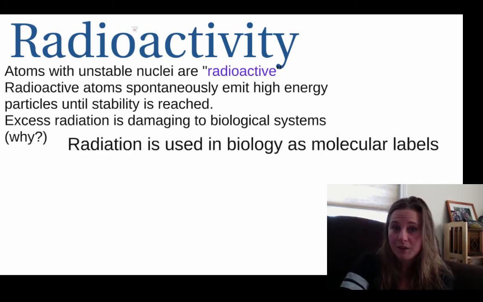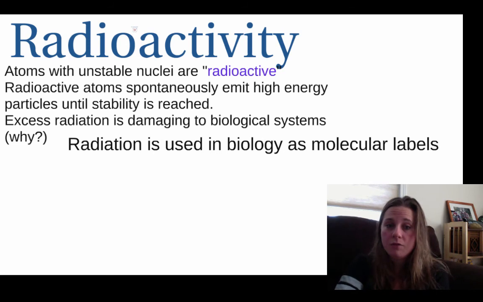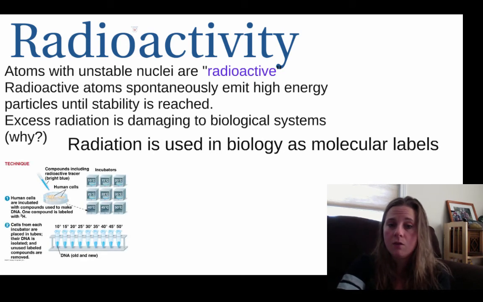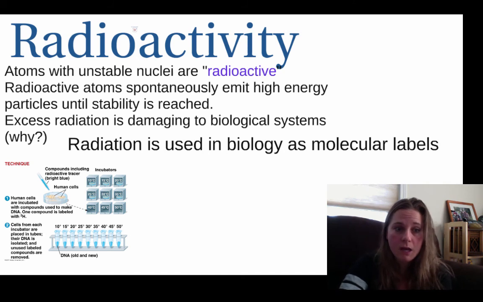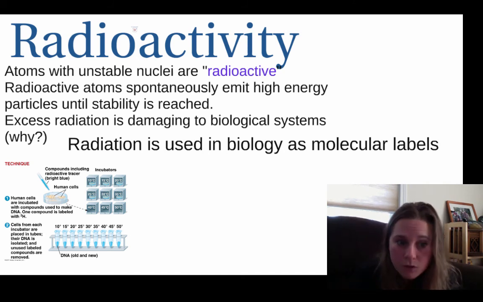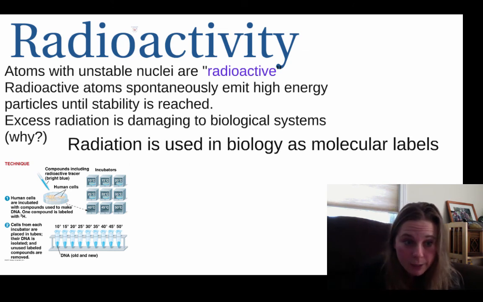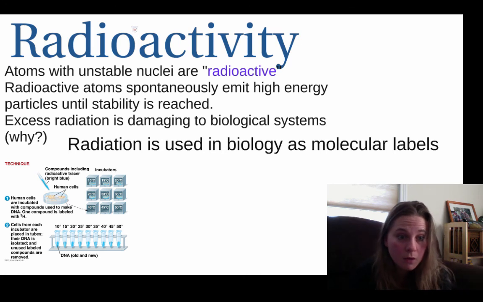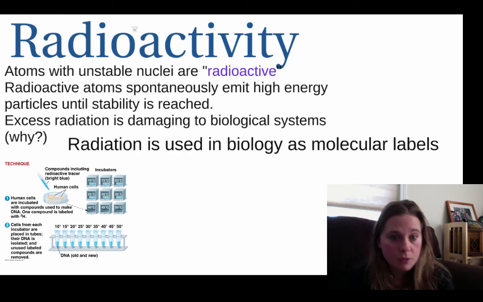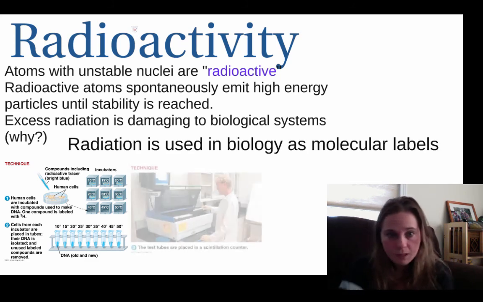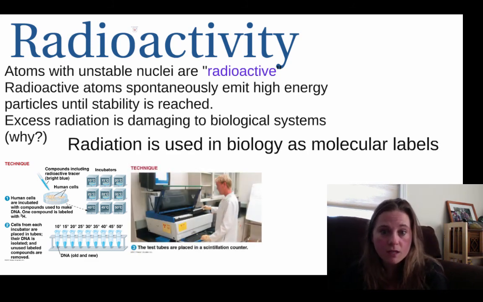We can use radioactivity, though, to our advantage. And we often use radiation as a mode for labeling. Okay, so if we want to be able to find out something, we can label them with radioactivity. So here's an example right here where we use a compound that's used to make DNA, and we can label them, and then we can place them in cells, and we can actually track what's going on.